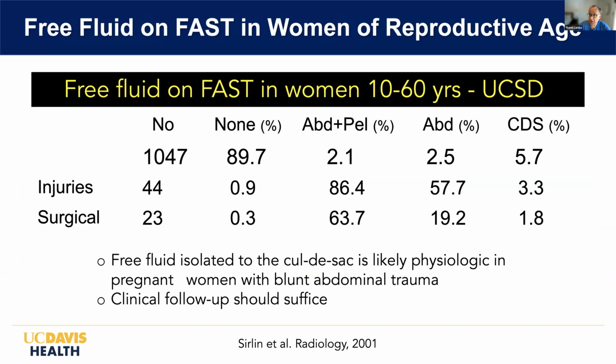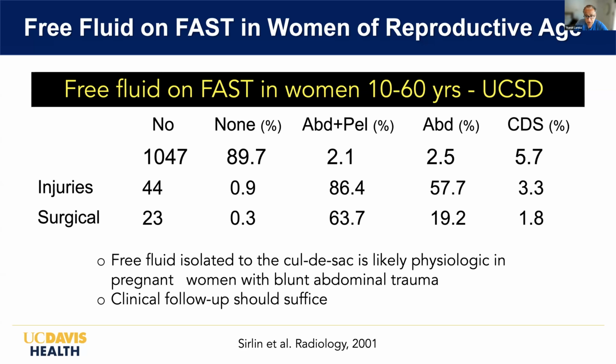But they also showed in the study that if the free fluid was isolated to the cul-de-sac, then it was likely that this was physiologic. There was a low likelihood of having a solid organ injury in patients where the free fluid was isolated to the pelvis. So that can be a very useful piece of information.